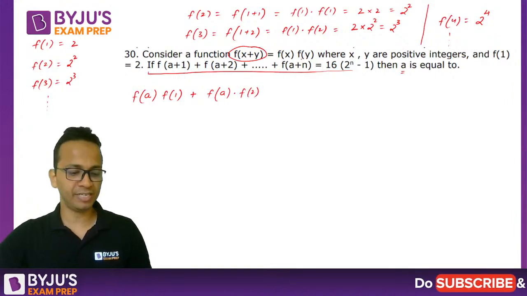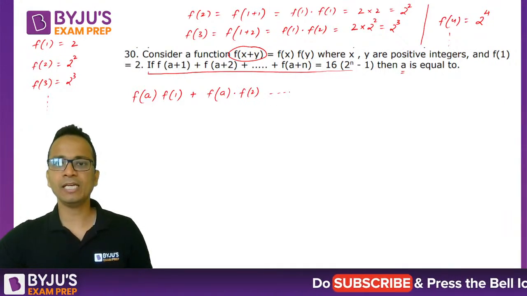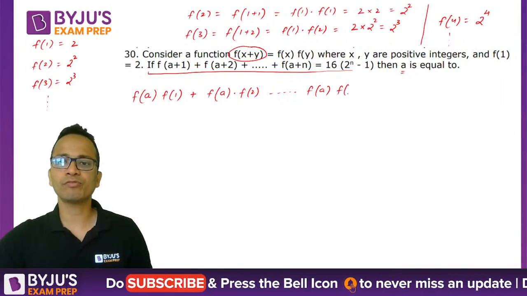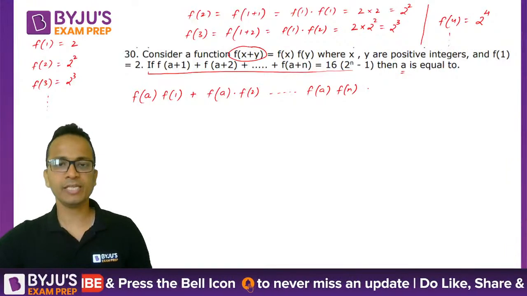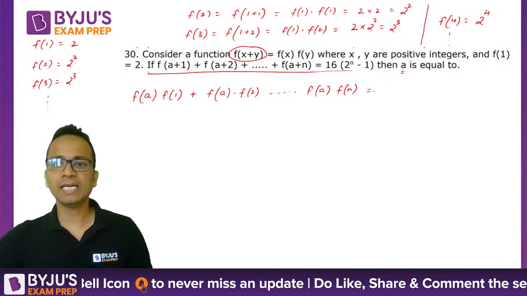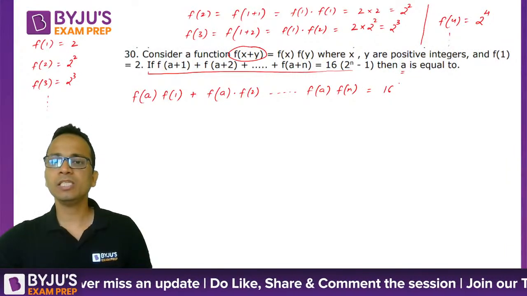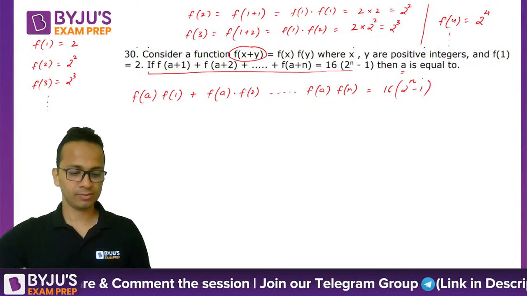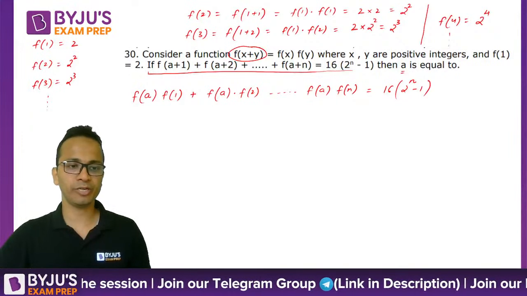Again using the above definition of the function. And so on, f of a into f of n. Alright, fine. And that is equal to 16 bracket 2 raised to the power n minus 1. I hope I'm clear up to this point.